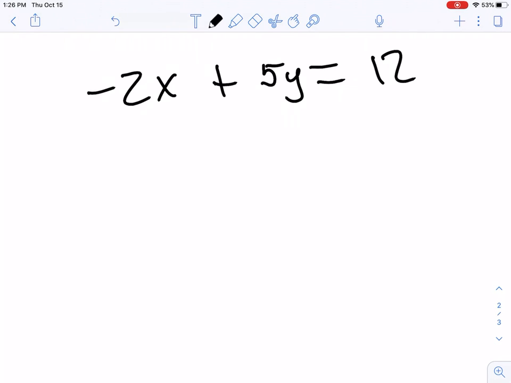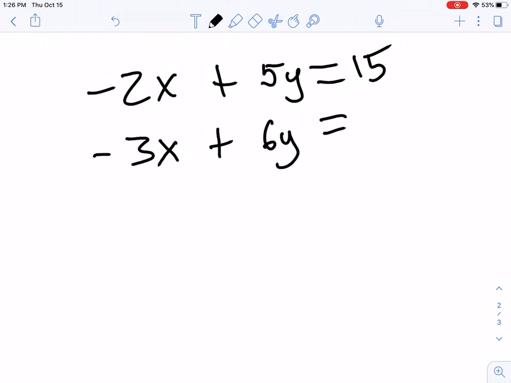And then, in fact, it is horrendous. I'm going to say 15. Okay. And then let's do another one where I have negative 3x plus 6y equals 18. No idea.